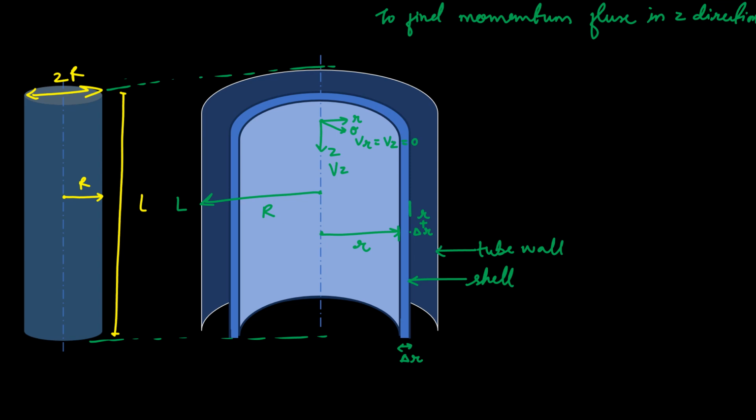Now the shear stress acting on the shell at z equals 0 and at z equals L is tau Rz at the surface.